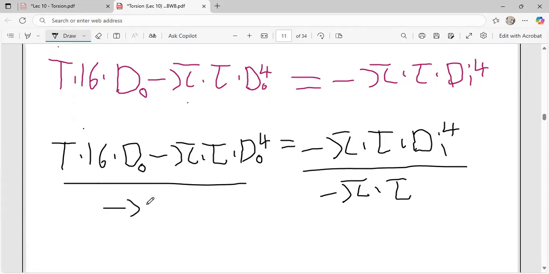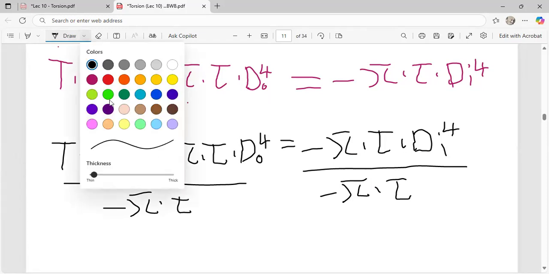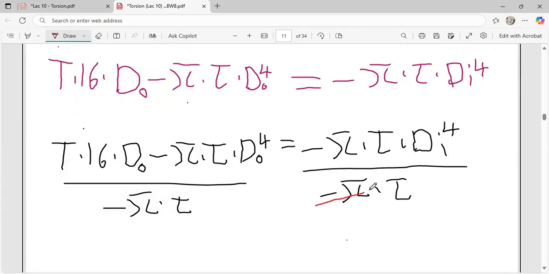Minus pi tau. From this relation, we realize that this is going to take care of this. And at the end of the day, you are left with what? Di exponent 4 is equal to the whole of this.